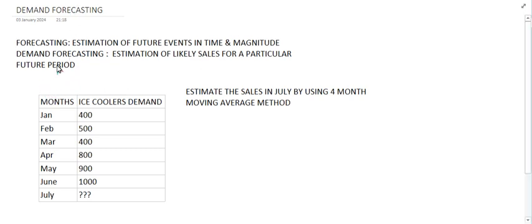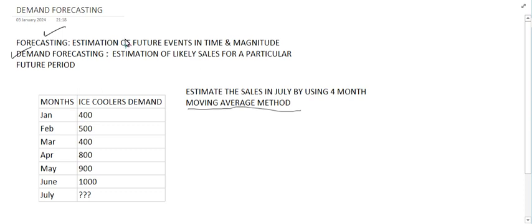We look into the definition of forecasting and the definition of demand forecasting, and one example where we can calculate the sale or the demand for the future by using one of the methods called the moving average method. These topics we will cover.